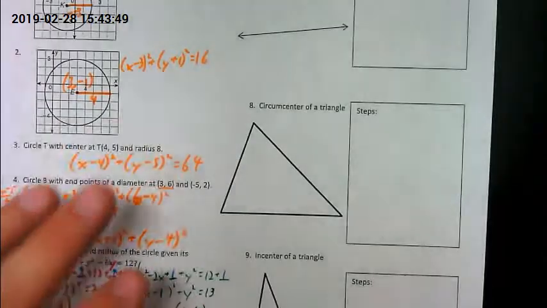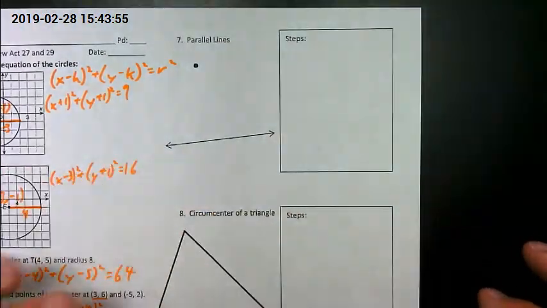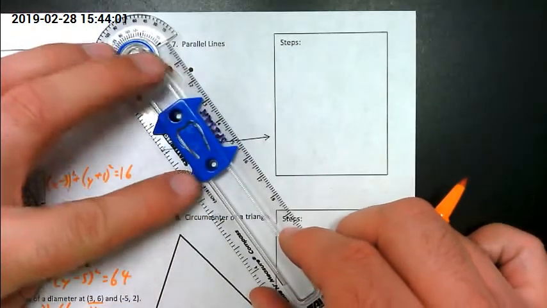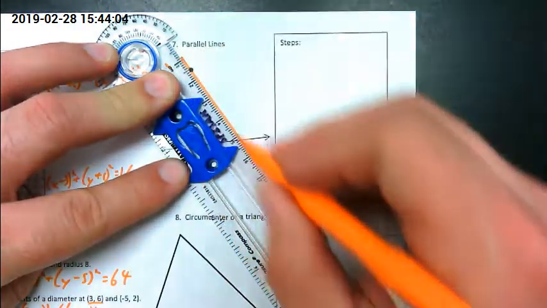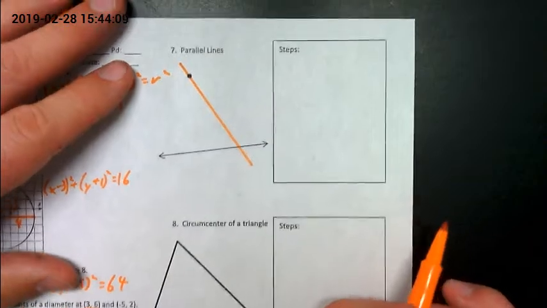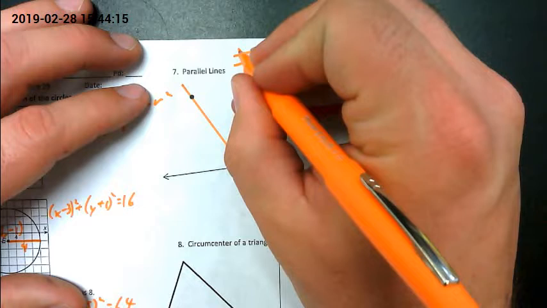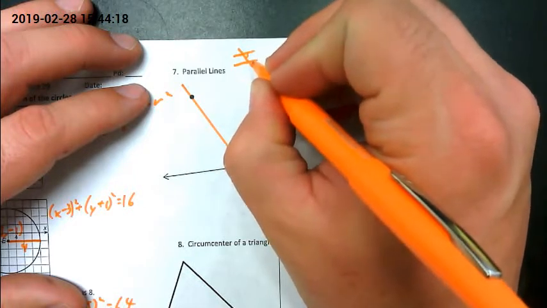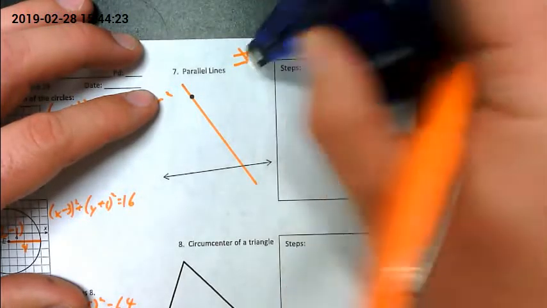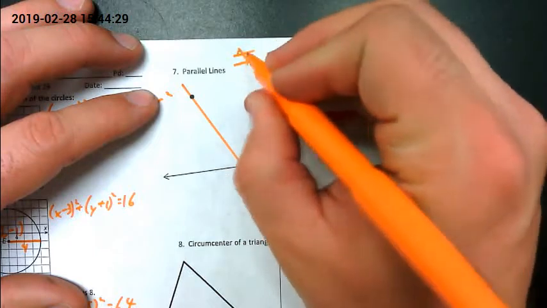On number 7, the parallel lines. There's more than one way to do this construction, so I'm going to do it both ways. The first way I'm going to show is the way that I showed in class, which is if you draw a transversal line, because we're going to do it based off the properties of having a transversal and having certain angles congruent.